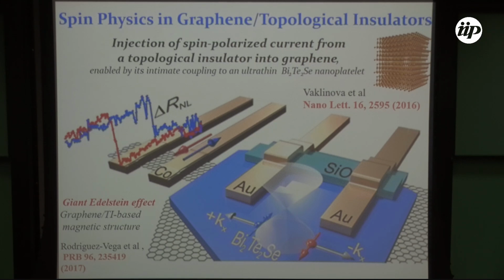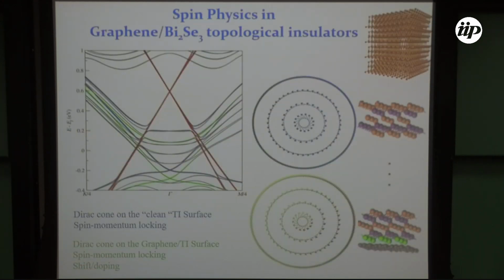Concerning all the materials like graphene on topological insulators, I want to go very fast. They are very interesting materials, three-dimensional materials. When you hybridize graphene on top of a TI, you get a structure that is actually very complex. You have some kind of charge transfer, so the bands of graphene are shifted, as the Dirac point is shifted into the conduction band of the topological insulator.